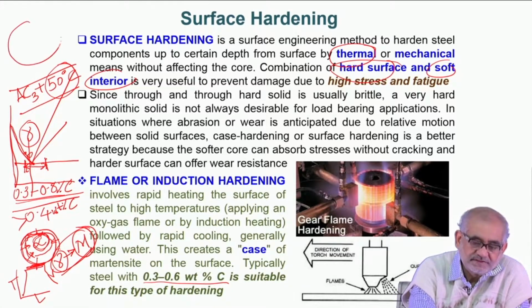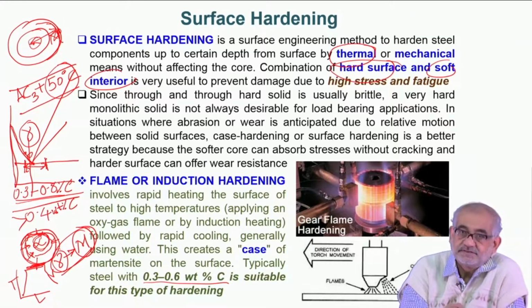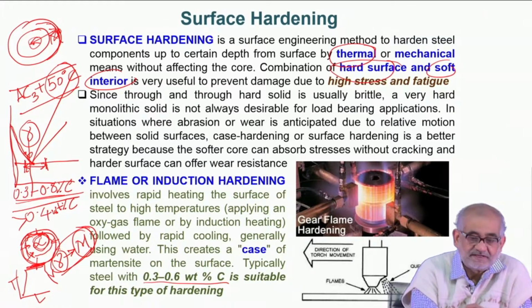If this is the cross section, we want the gradation such that we have very fine acicular martensite on the surface, and then in the core we can afford to have a polyhedral ferritic or ferrito-pearlitic microstructure. So, in the process we see a gradation from pure martensitic to martensite plus pearlite, and then eventually a ferrite pearlite combination.